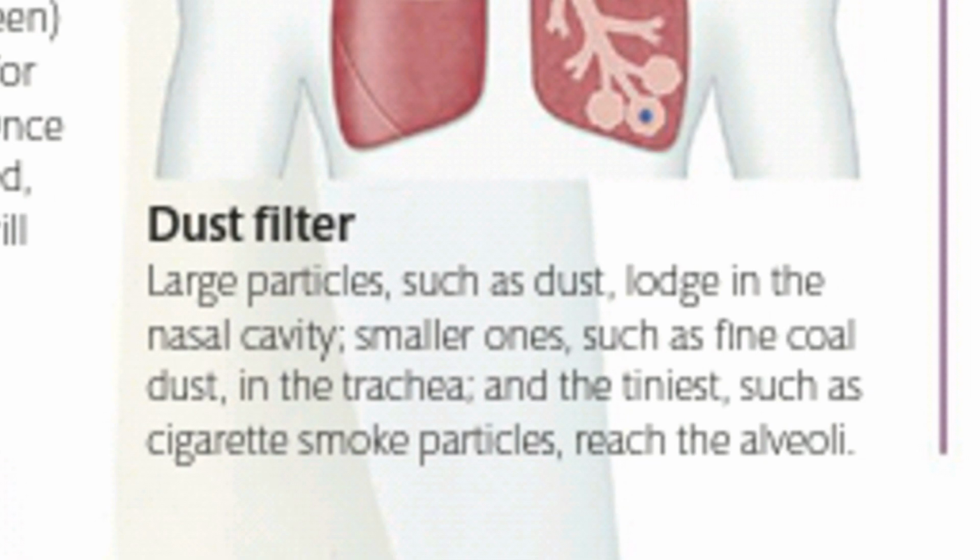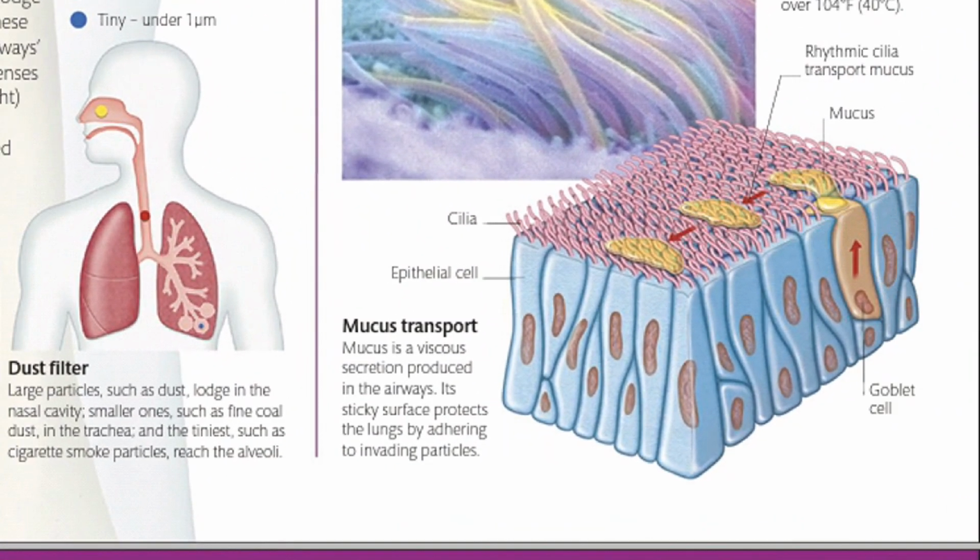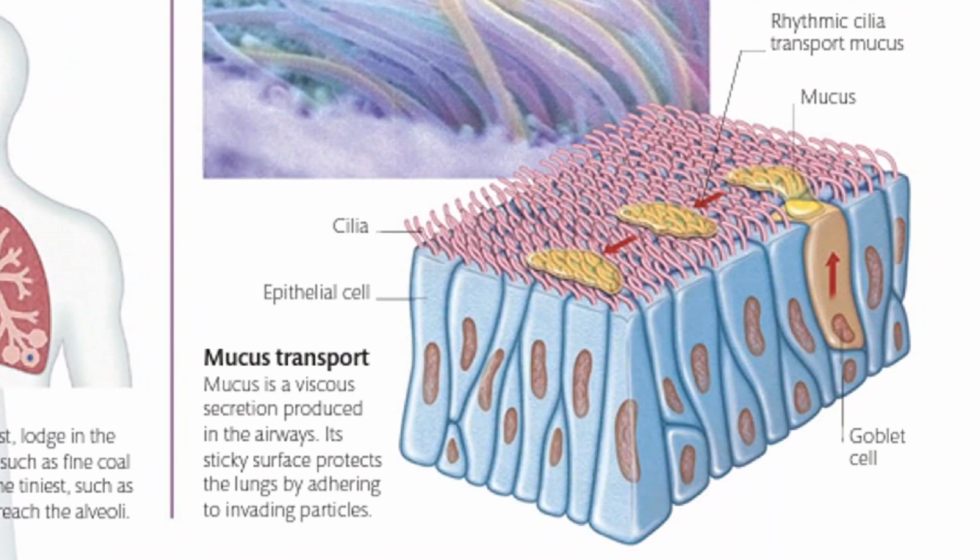And if someone is smoking close to us, then the smoke particles of the cigarette are trying to reach the alveoli, that means they are trying to enter deep into our lung. But what happens in this epithelium, as we now know, is that the goblet cells are secreting the mucus.